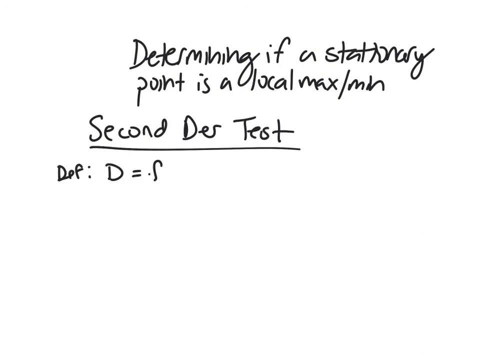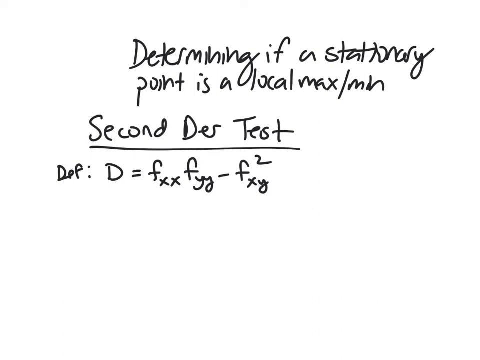First we have to define this thing D, which is fxx times fyy minus fxy squared. This is why I introduced second order partials last time, because they're necessary in the second derivative test. This big D stands for determinant, but until linear algebra, you won't really care much about that.